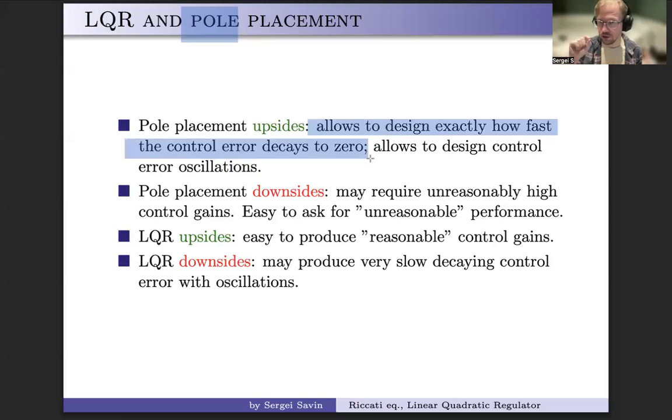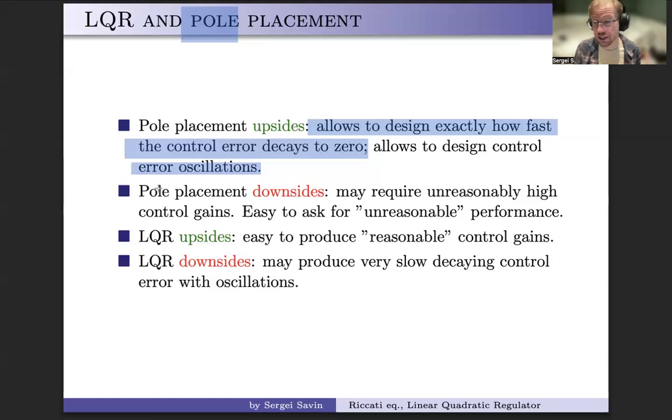So if you want your control error to go very fast, you can do it by giving it a big negative eigenvalue. You want to have fewer oscillations. Like, for example, you don't want to see this behavior. You want to see this behavior. Easy. Give it real eigenvalues. Request no imaginary parts.